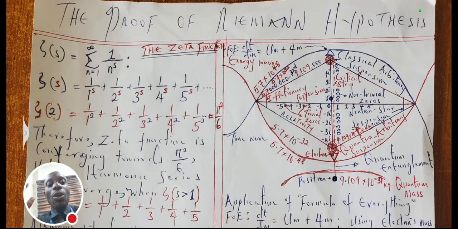So to unpack that, we have what we have below, which is written in its infinite form. We have 1 over 1 raised to power s, plus 1 over 2 raised to power s, then it continues like that infinitely.